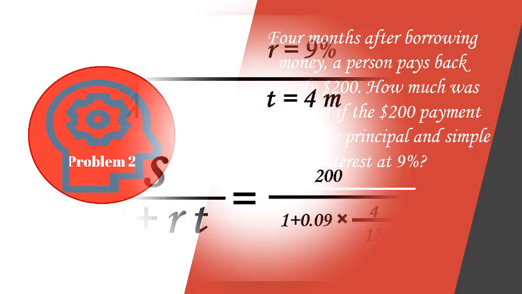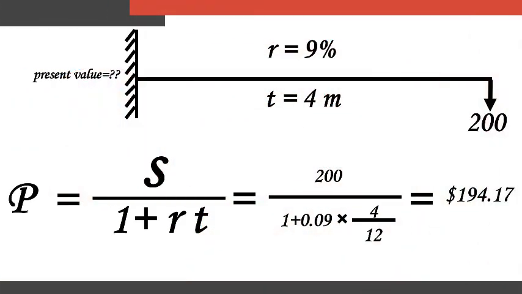Let's start with drawing time diagram. The total time here equal 4 months. S equal $200 with R 9%. We need to get the present value now.